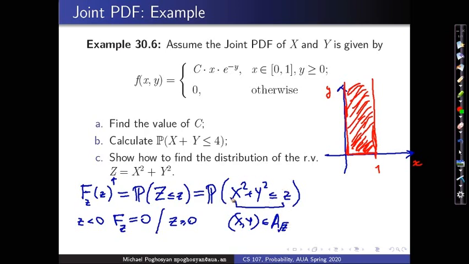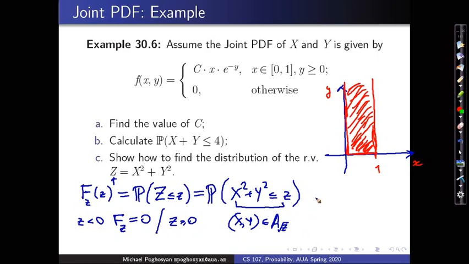This means that our point xy is in the disk centered at the origin and with radius square root of z. So let's consider two cases again.